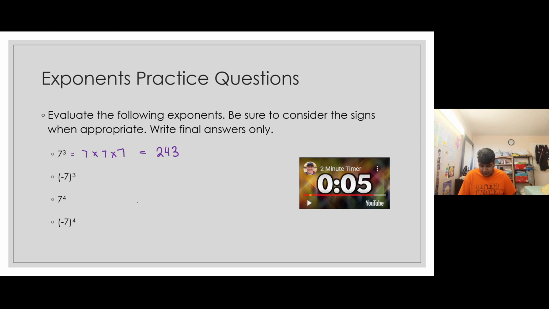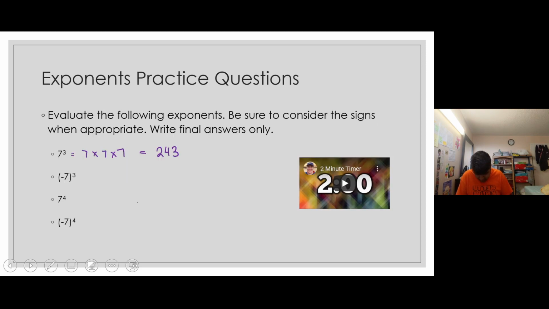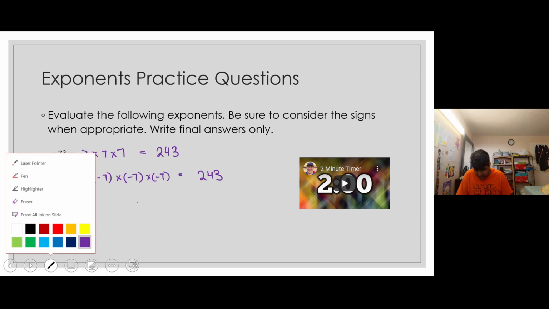Okay? But now we have the situation where we have not just 7, but negative 7 to the power of 3. So we do the same thing. We do negative 7 times negative 7 times negative 7, which is equal, numerically, to 343. But there is one more thing we need to consider, which is that we have this negative sign, right?